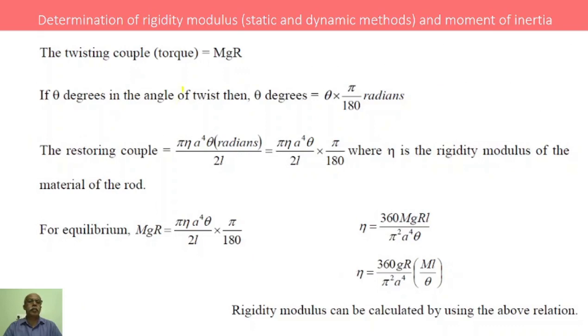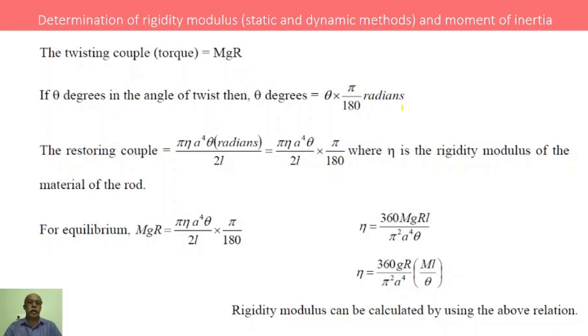When a load of m kg is suspended from the free end of the tape, the twisting couple is given by the expression mgR. If theta degrees is the angle of twist, then theta in radians will be equal to theta into pi by 180.